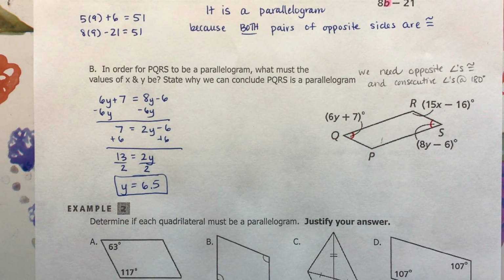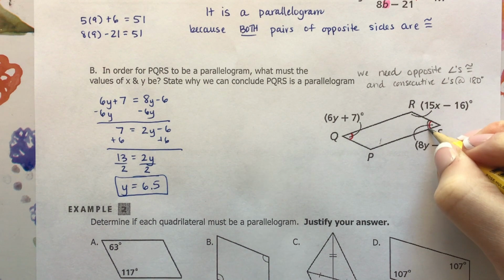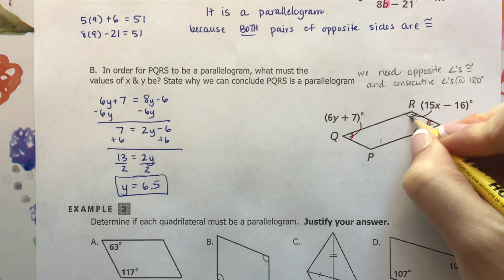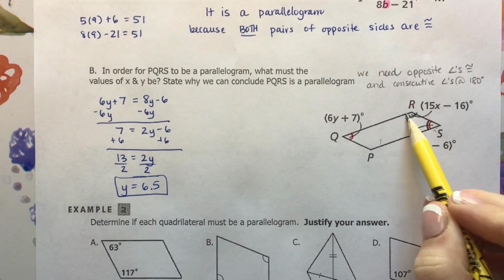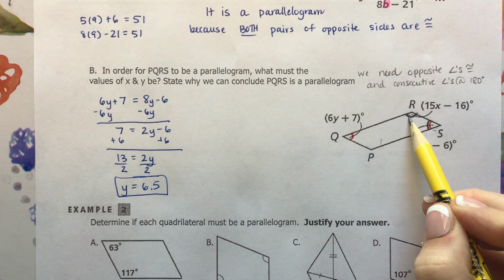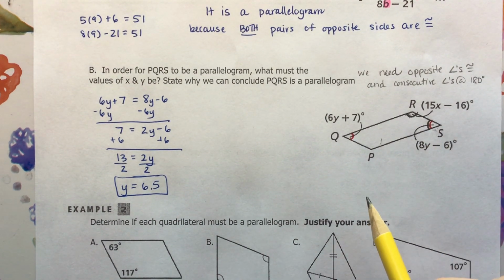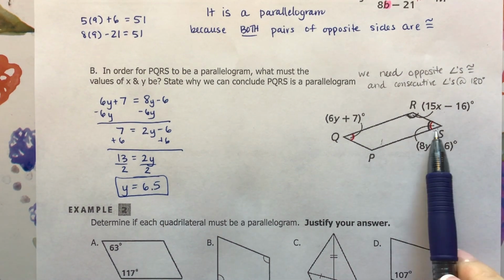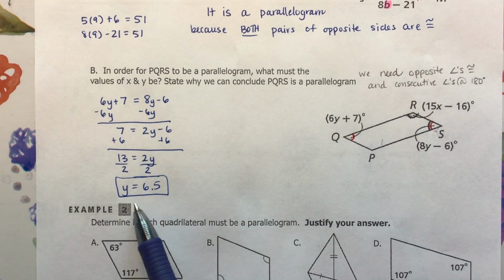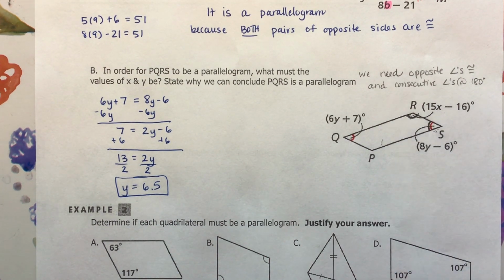So now I'm looking at this guy and I'm looking at that guy. These two are supplementary, or consecutive of each other, and they need to be supplementary in order for this to be a parallelogram. So I'm going to figure out what this guy is by plugging in y, and then I'm going to add those up and set them equal to 180.